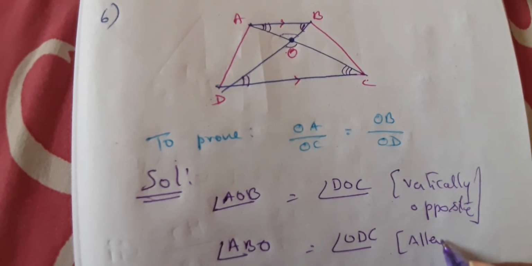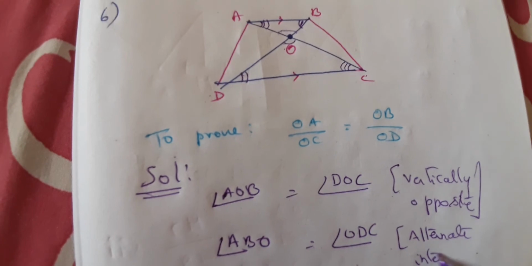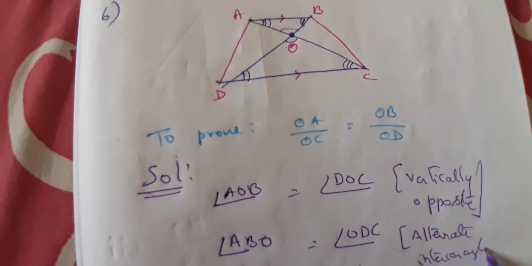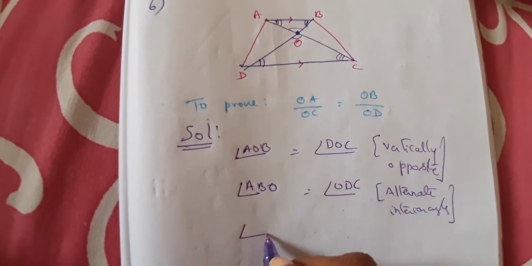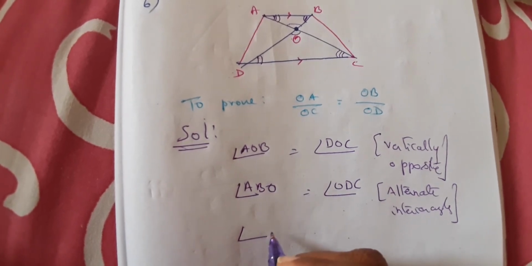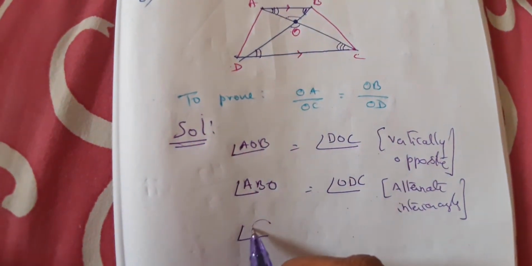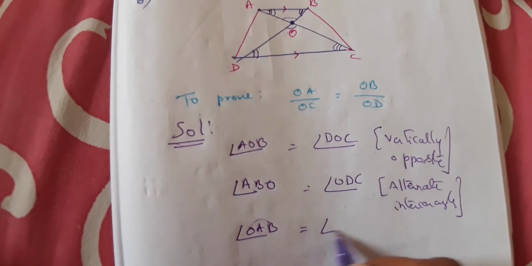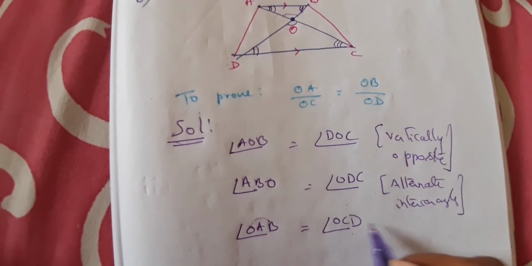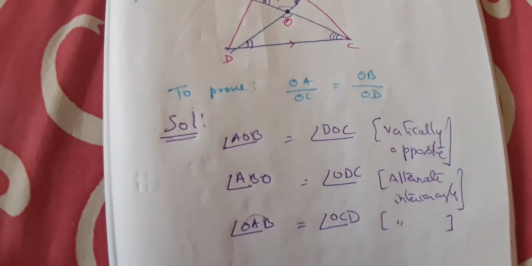Alternate interior angles. Okay. The next one is angle. Which one? OAB. Angle OAB is equal to angle OCD. Again same, alternate interior angles.